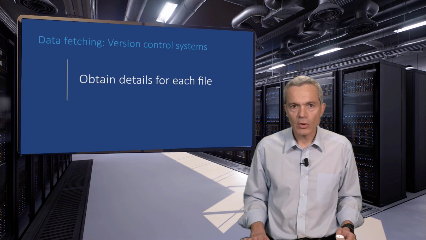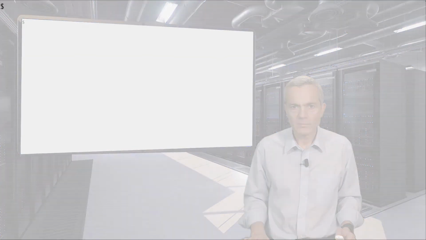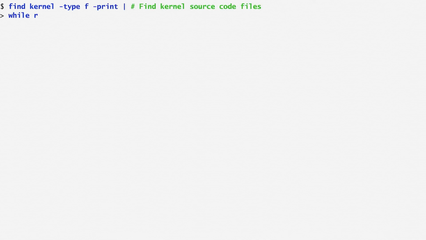To run git log on many files, we can use the find command to locate those files. As an example, let us see which file has the greatest number of changes. I first find in the Linux kernel directory all entries of type file using the find command. Next, I read all path names in a while loop.